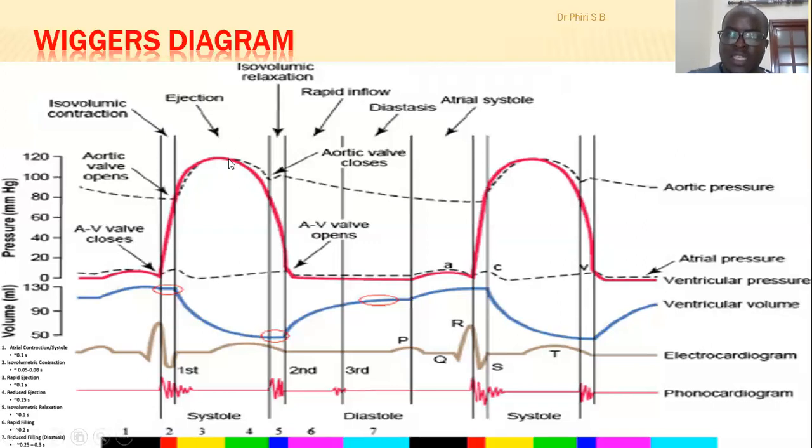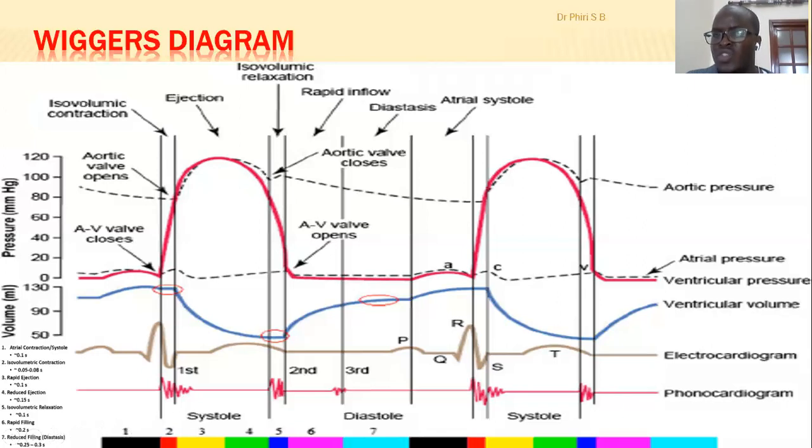Because of that, you can see that the ventricular pressure will now start reducing here. When the ventricular pressure is reducing, the aortic pressure will also start reducing. But what you need to know is that the aortic pressure is going to be maintained. Why?